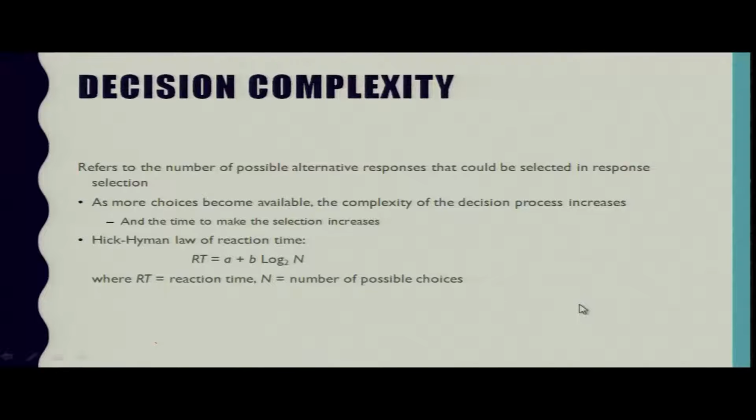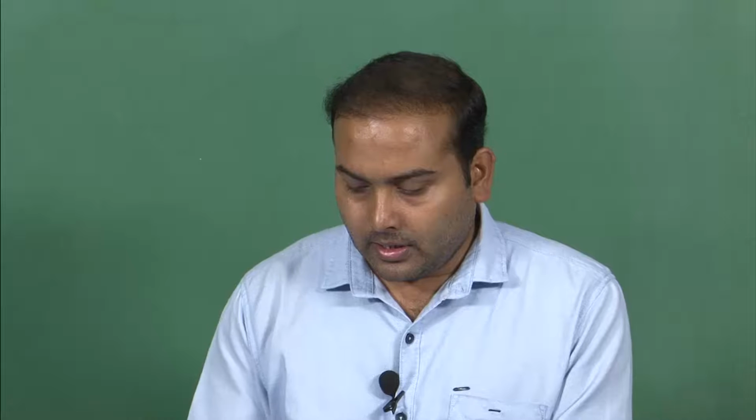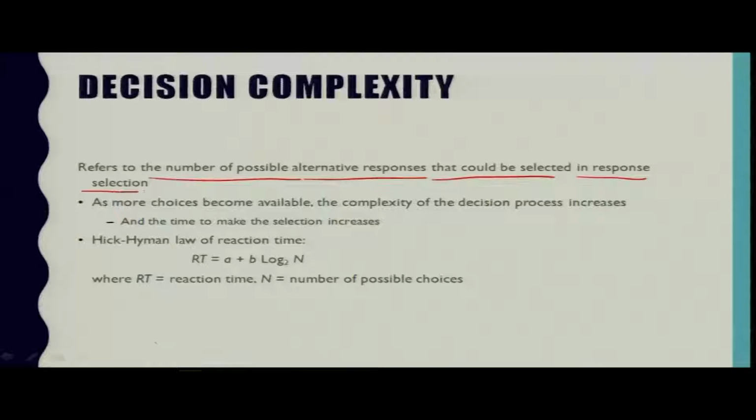First of all, we will discuss decision complexity. Decision complexity refers to the number of possible alternative responses that could be selected in response selection.